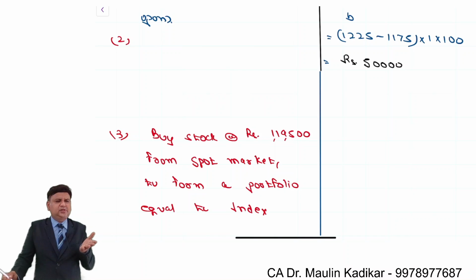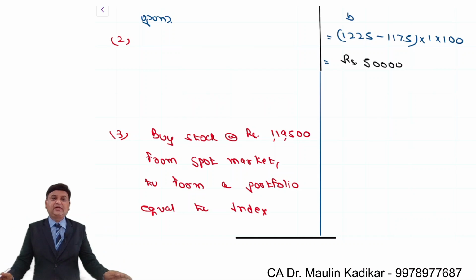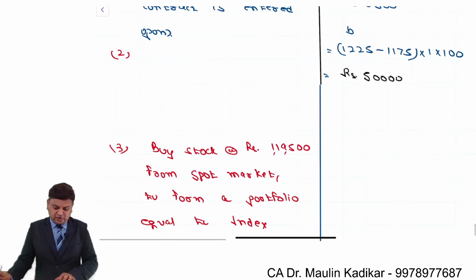How do you come to know that you have to buy today? Because you are going to sell later on. Because we understand that entering into only a sale transaction will not give a gain to you. So today you have to enter into the reverse of that transaction. So you have to buy stock.